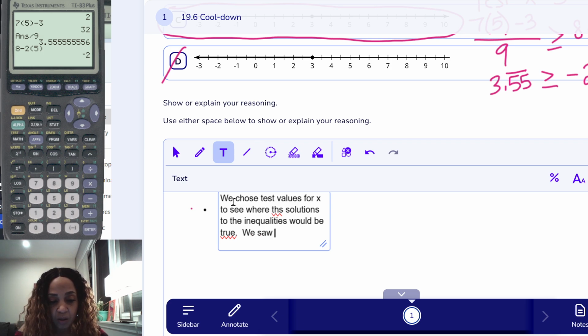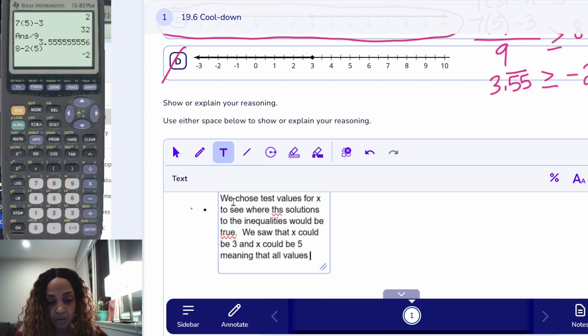We saw that x could be 3 and x could be 5, meaning that all values at 3 and above make the inequality true.